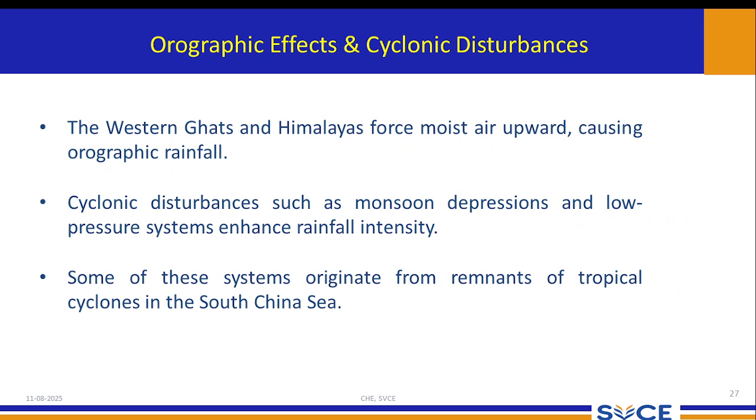Orographic effects and cyclonic disturbances. The Western Ghats and Himalayas force moist air upward, causing orographic rainfall.